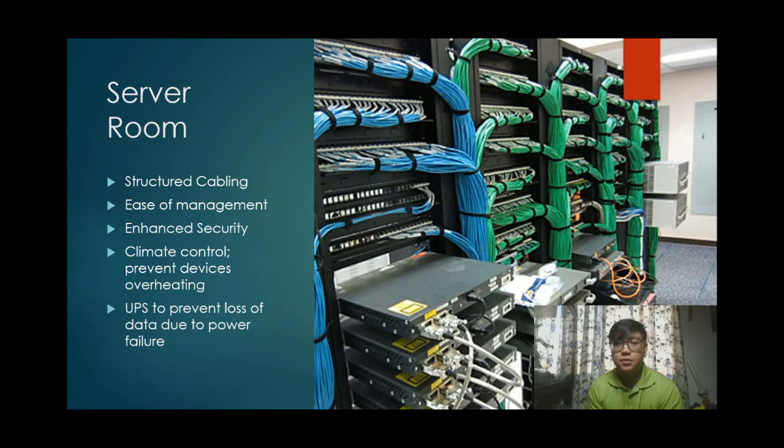And also there must be a UPS, an uninterruptible power supply, which powers these devices. So in the event of a power outage, the loss of data is not able to occur. In other words, if there's a power outage, then we are not losing anything apart from being panicked because we lost power.